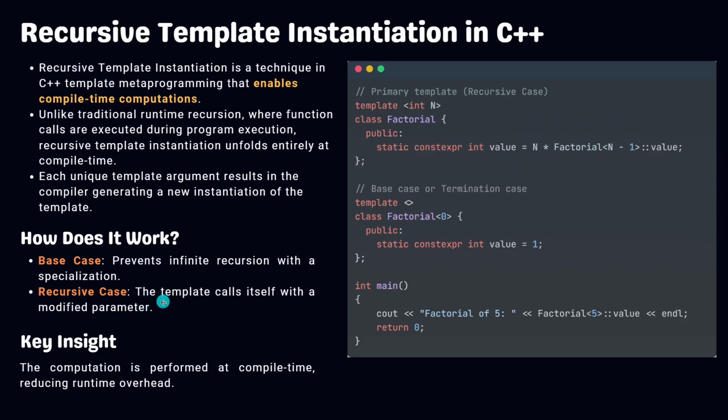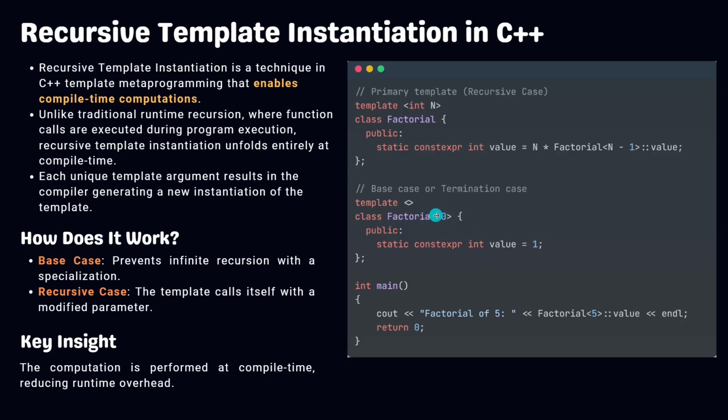When we write this recursive template instantiation, we also need to remember the base case to prevent infinite recursion. This is a base case, sometimes called a specialization case. When we have 0, factorial of 0, we directly return 1.